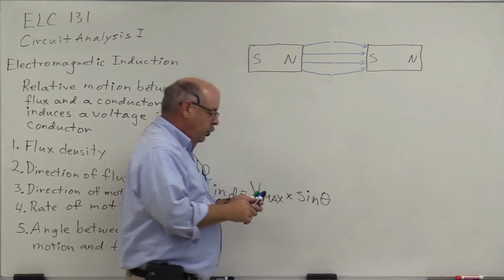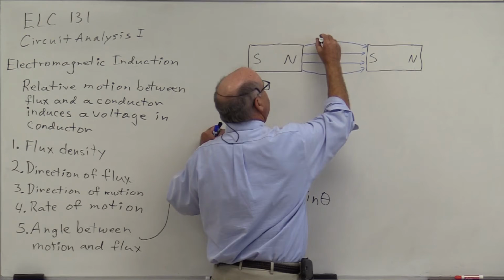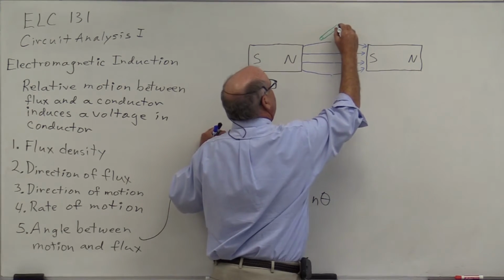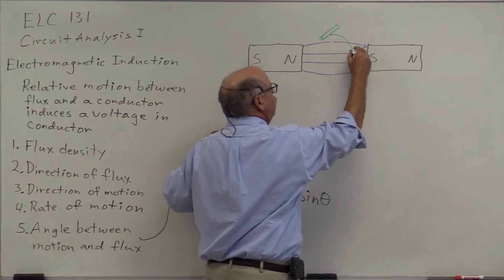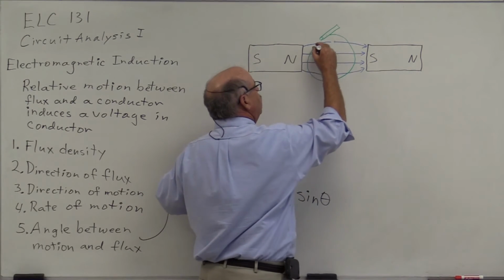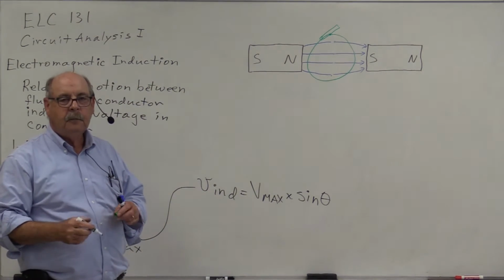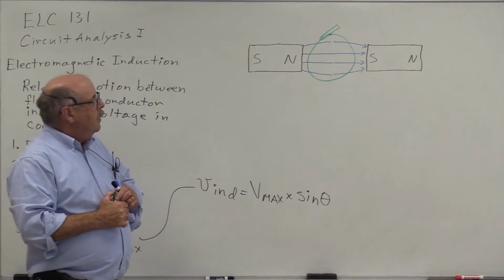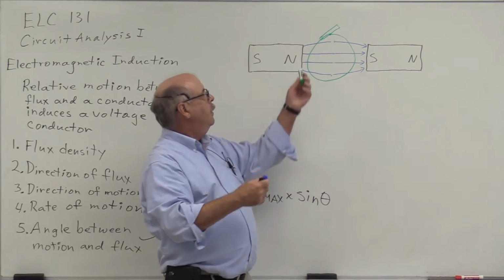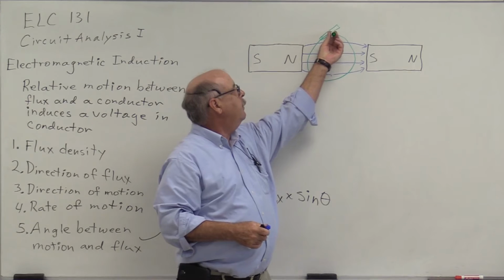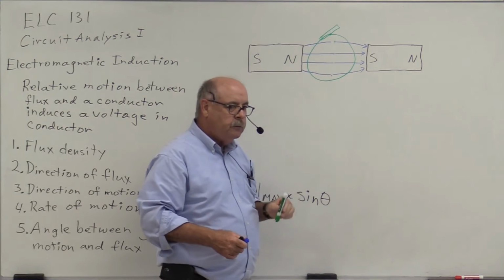What I'm going to do is take a conductor and rotate it through this flux. Now, again, imagine this is my conductor and I'm going to rotate it around in this flux.